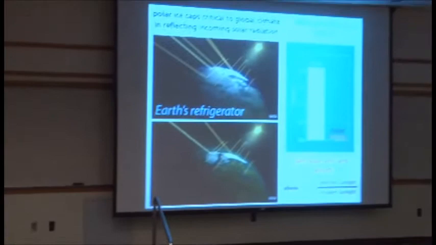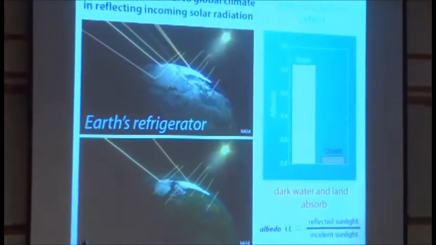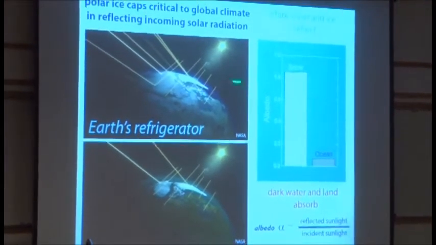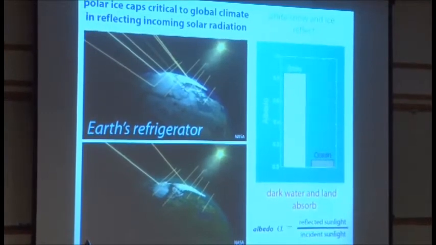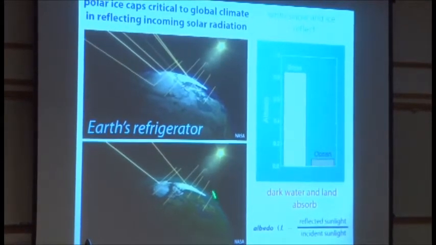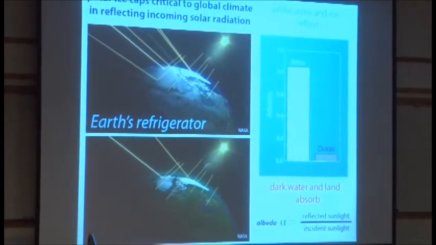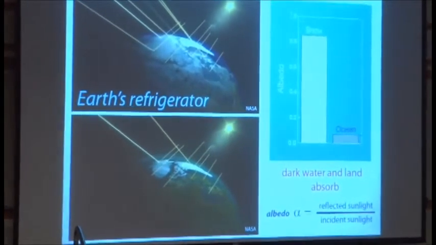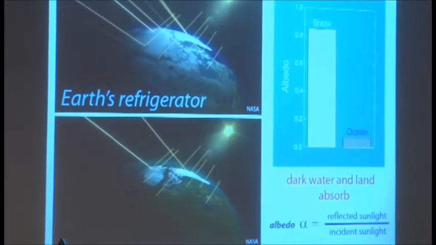Whereas white snow and ice reflect most of the incoming radiation, ocean water or melt pools or water in general absorbs most of that energy. Here you see a classic white polar ice cap reflecting most of the incoming solar radiation. And here, if some of that ice is gone, a lot of that radiation is being absorbed rather than reflected.